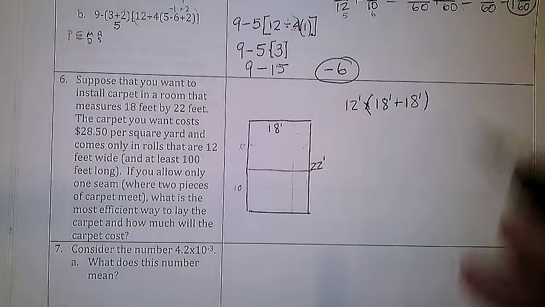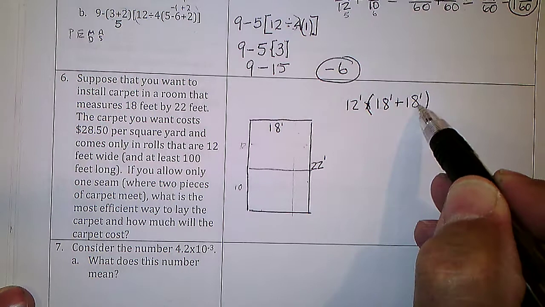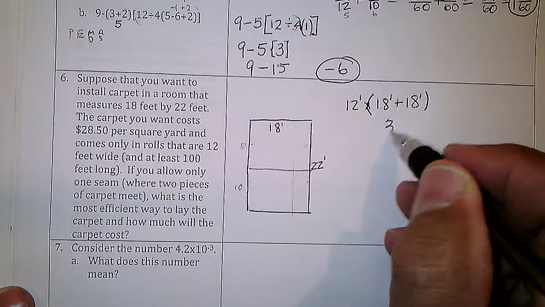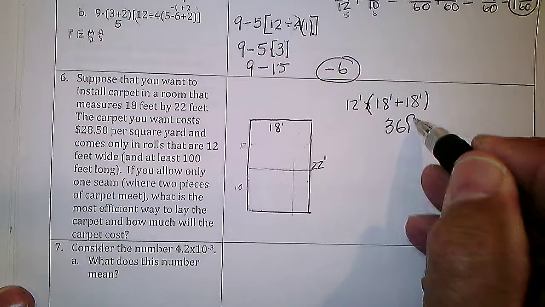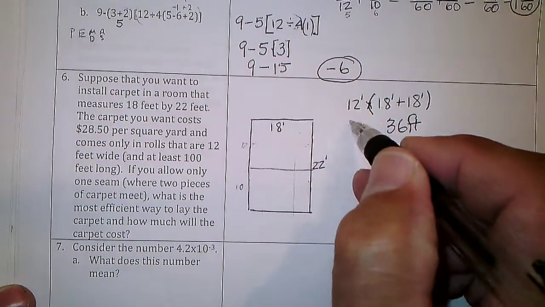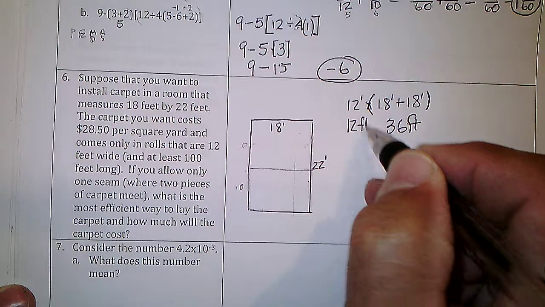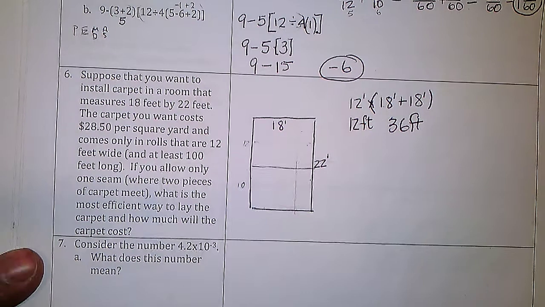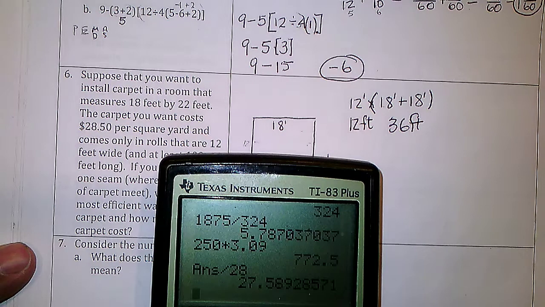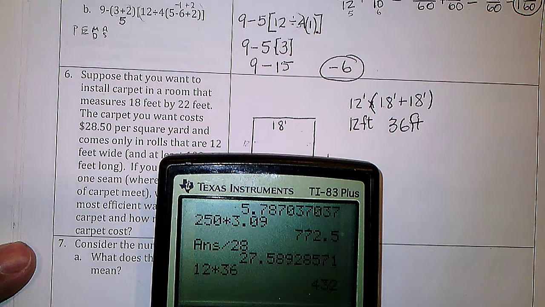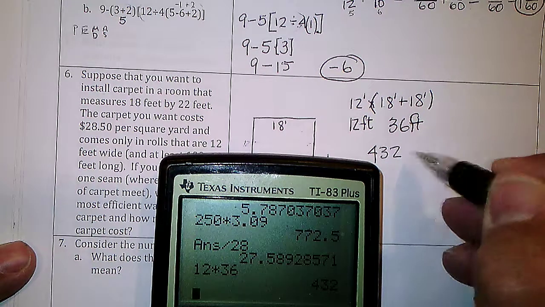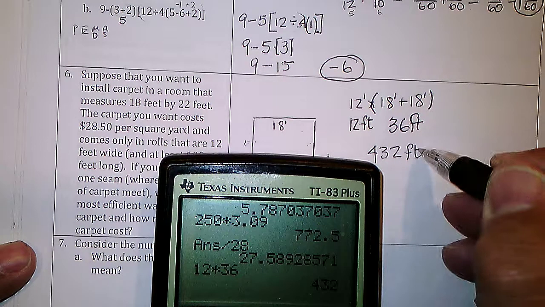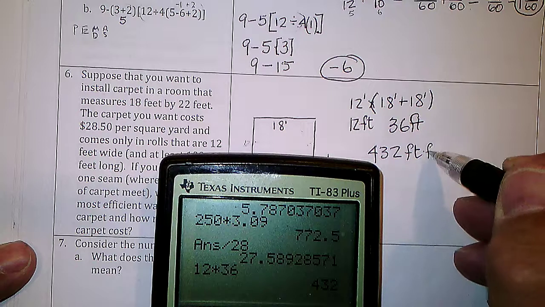Okay? So 18 plus 18 is 36 feet. I'll write it this way, feet, and 12 feet. So that is 12 times 36, 432 feet times feet, or feet squared.